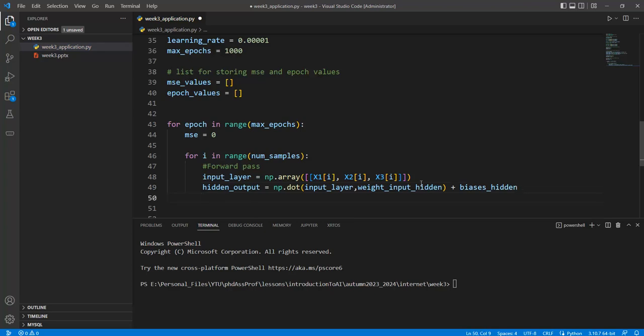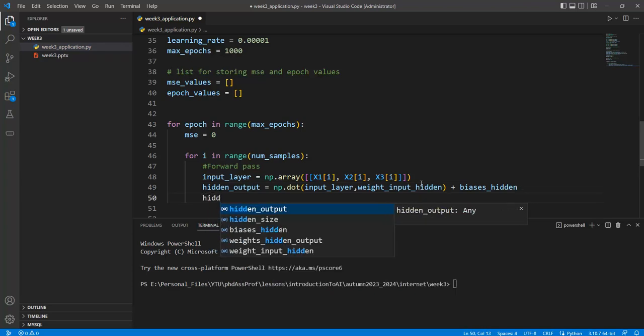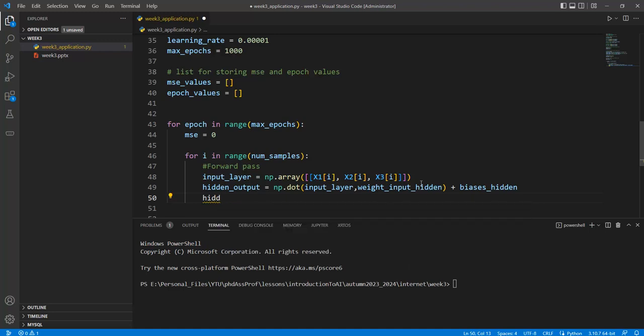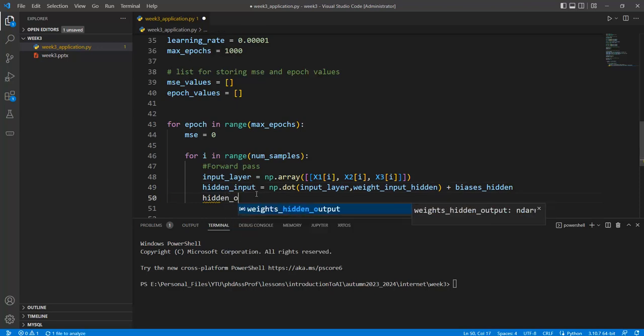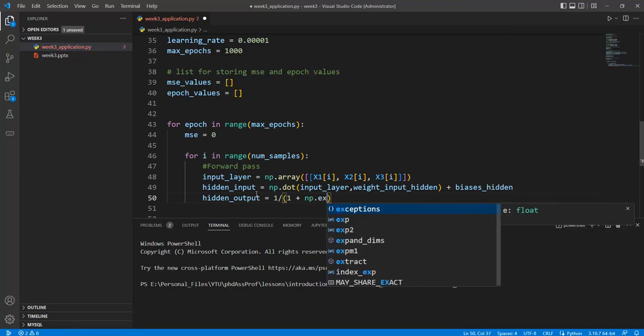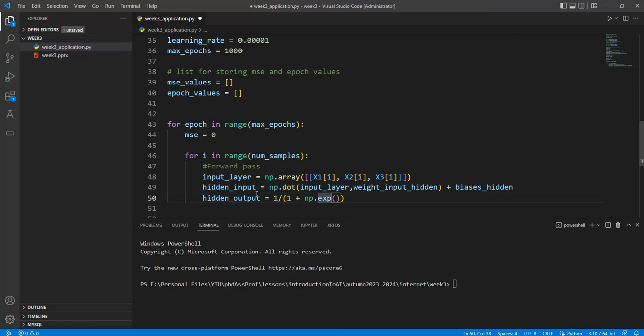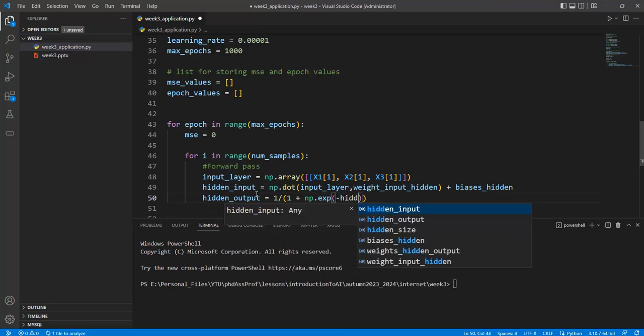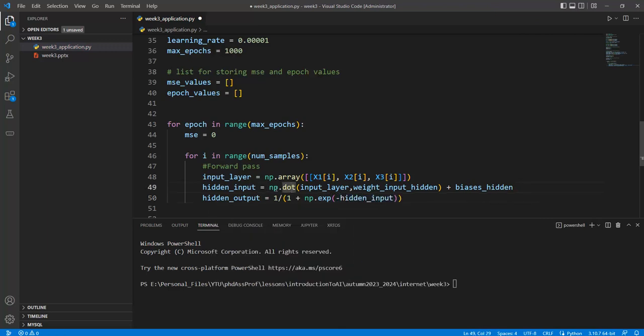And the hidden output, or the z values, should be assigned to 1 divided by 1 plus np.exp of minus hidden input, because this is the omega transpose dot x.